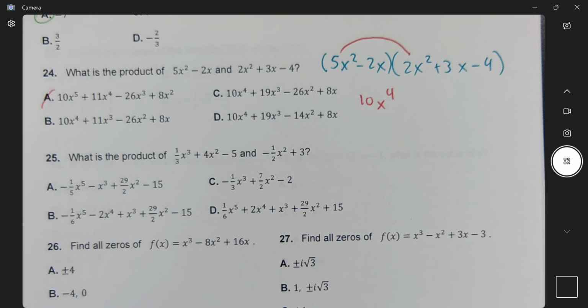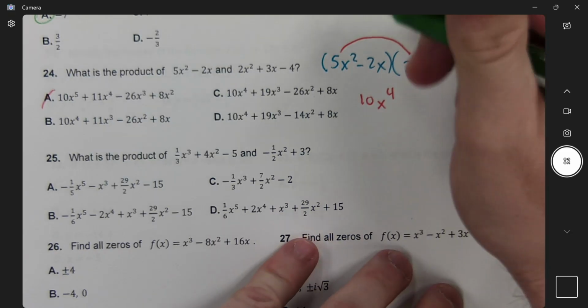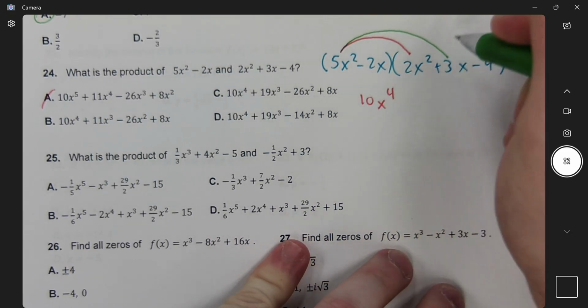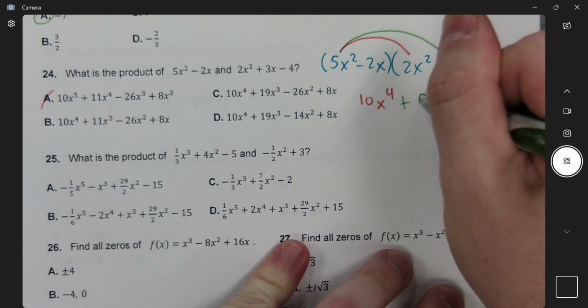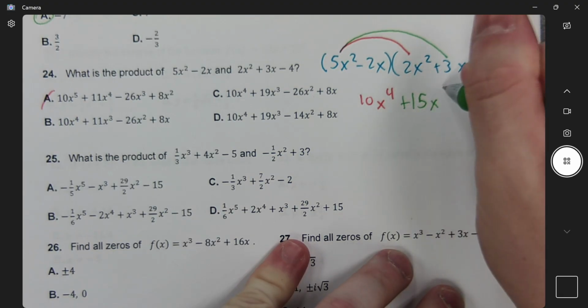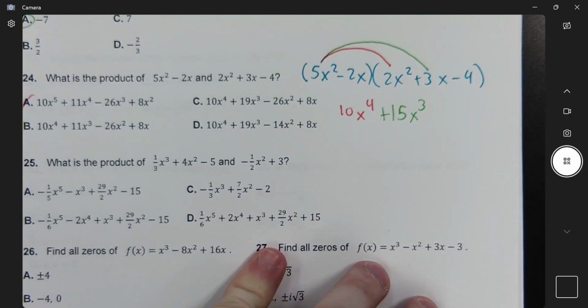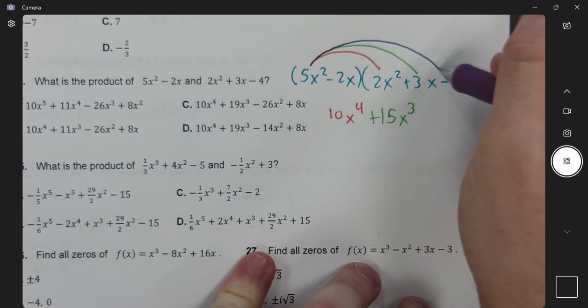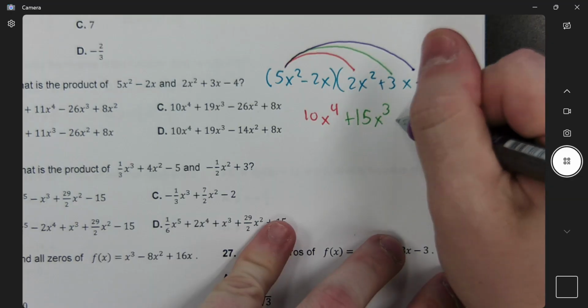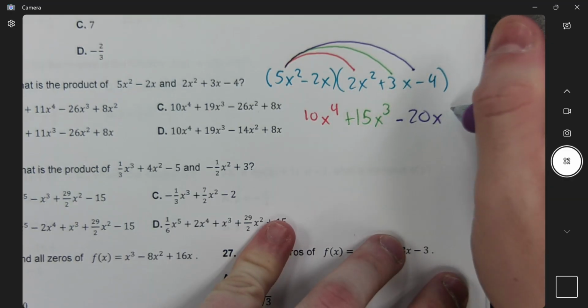Now, unfortunately, we've run out of quick and painless ways to eliminate answer choices from what I can see. What's going to be a good color? I guess green. We could do 5x squared times 3x. That's going to give me 15x to the 3rd. And then I have 5x squared times -4, which is going to give me -20x squared.